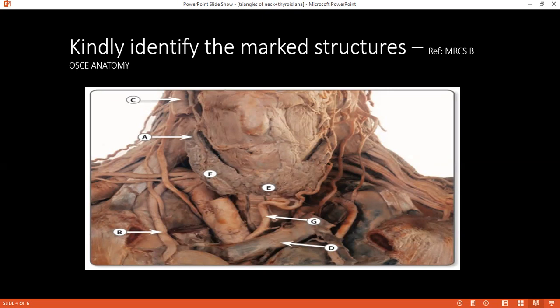All right, thank you. Can you please tell me what is the most commonly occurring thyroid carcinoma? Papillary thyroid carcinoma. What is the mode of spread of this carcinoma? Lymphatic spread. All right, good, thank you. Can you name a few early and late complications of thyroidectomy, please? Early complications: hematoma, seroma formation, hypocalcemia.